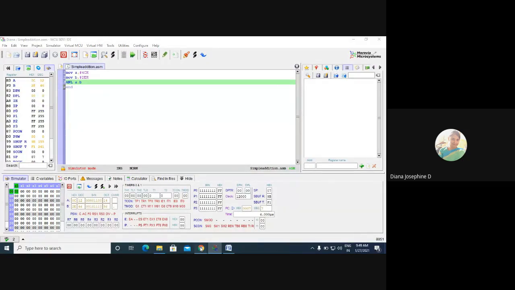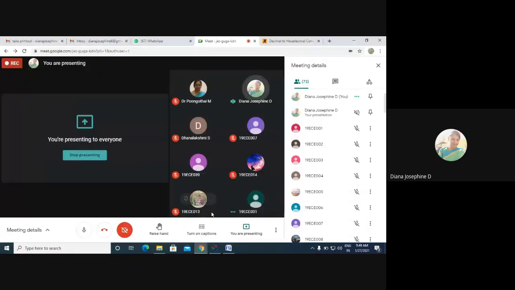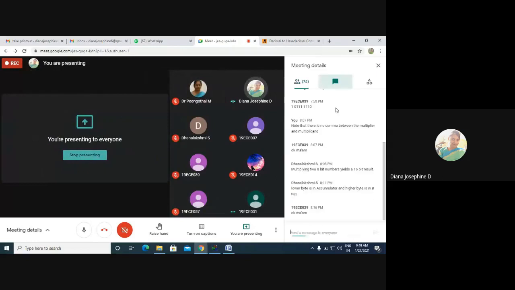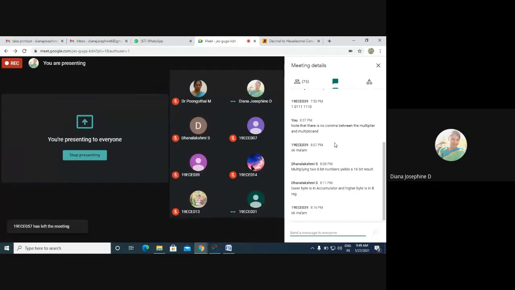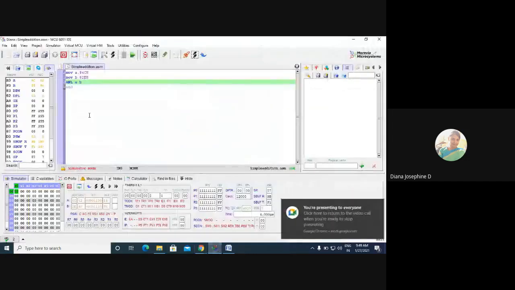So can you manually check the AND operation? Take values 4C and 2E and check whether you are getting 0C.